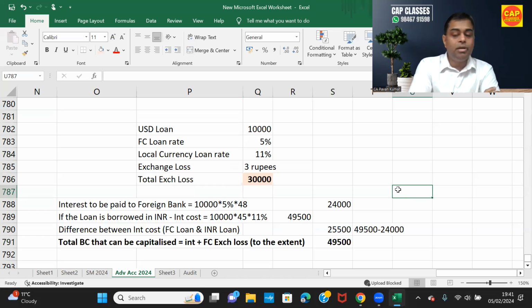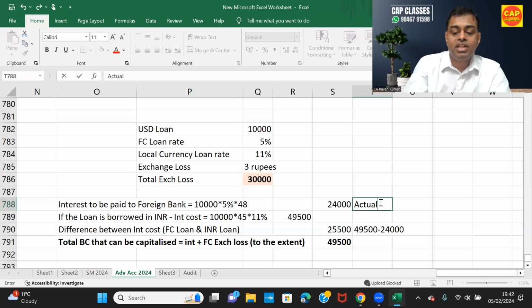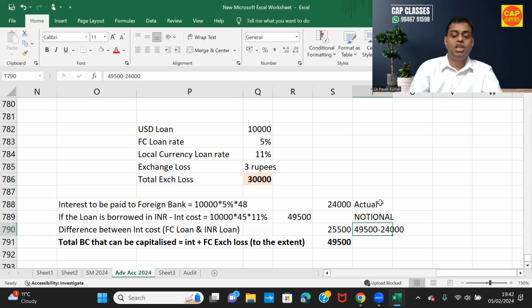Sir, why are we taking the difference in rate as a criterion, instead of taking the rate that can be capitalized for the local rate? Is it to minimize the borrowing from exchange rate? No, what you need to understand is this is actual. This is notional. You are taking this 49,500 as a notional amount because that loan never existed.